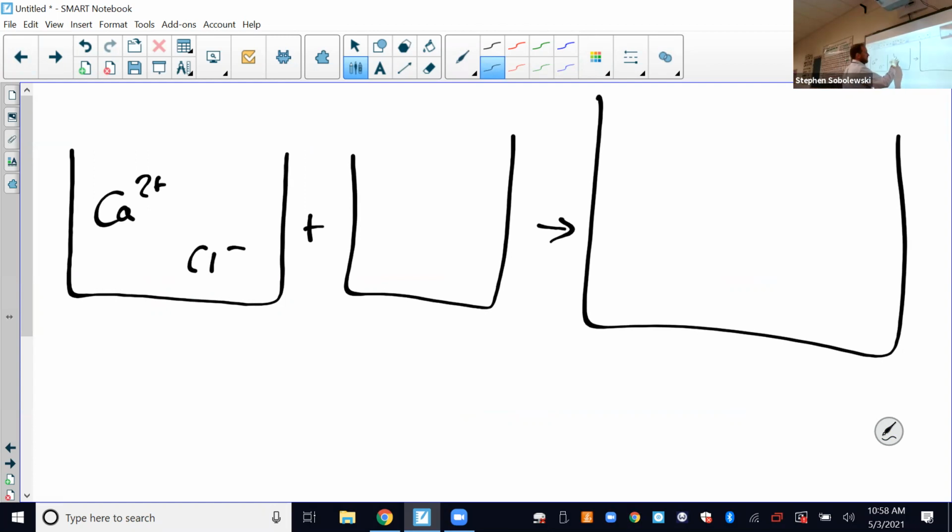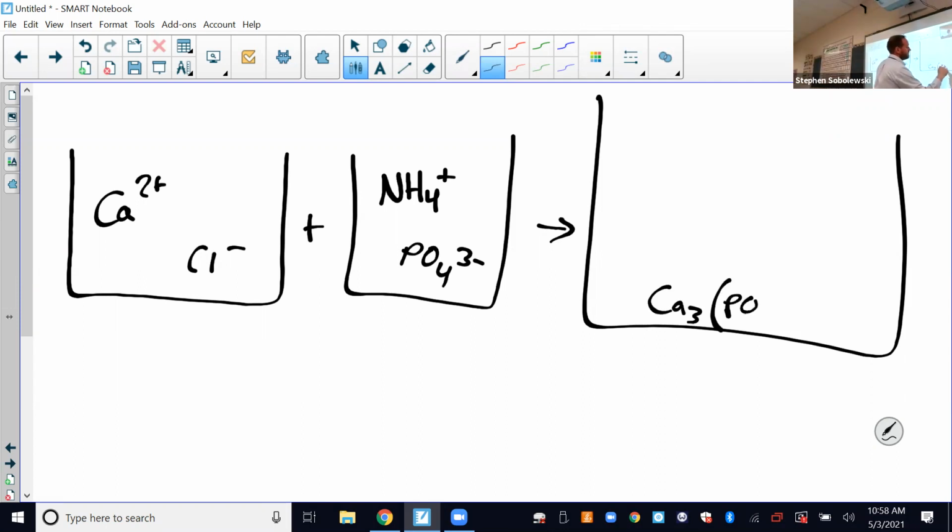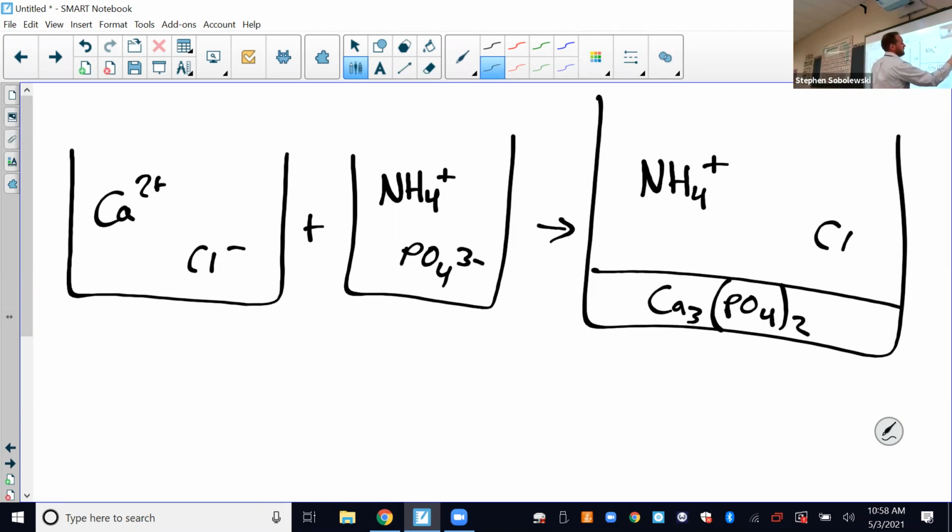In my second beaker, I have my ammonium ion and my phosphate ion. In the final beaker, I have calcium phosphate as my solid precipitate at the bottom. I have my aqueous product, which is the ammonium chloride, so I have ammonium and I have chloride.